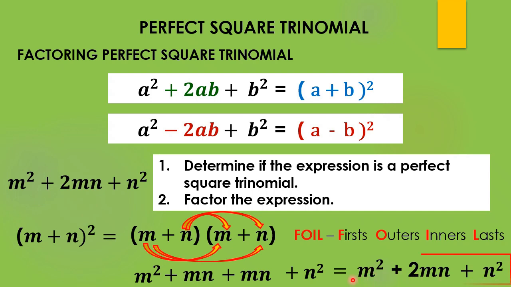So this is now our product. It means that our factor is correct, because we get the original expression, which is m squared plus 2mn plus n squared.